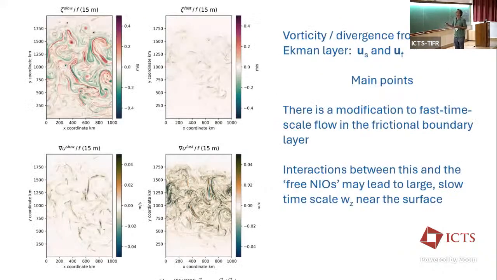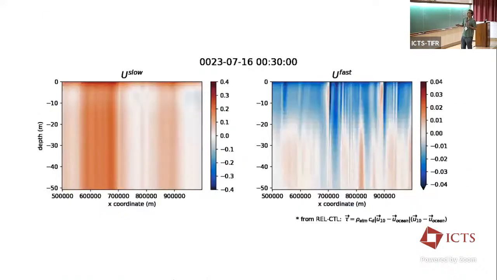Well, I'm running low on time, but here's my slow vorticity, and this is supposed to be a dot here, but here's my slow divergence and the fast divergence. And this was supposed to be a movie, but it doesn't work.